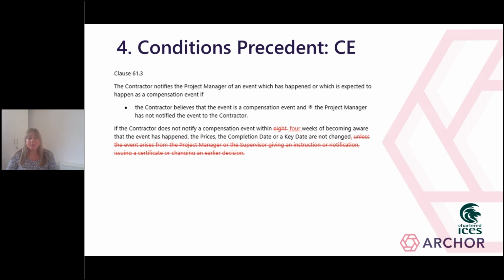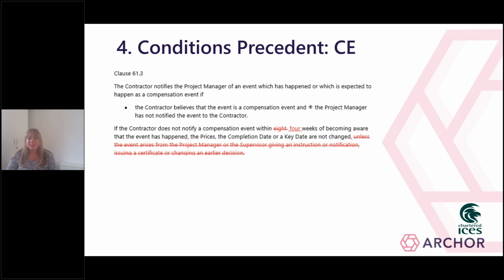Beware, however, the period of time to give this notice is more often than not changed to a reduced period, commonly 4 weeks of becoming aware that the event has happened. Now, in addition, the NEC wording gives the contractor a partial get-out-of-jail-free card by saying that the notification is not required if the event arises from the project manager or the supervisor giving an instruction or notification, issuing a certificate, or changing an earlier decision.